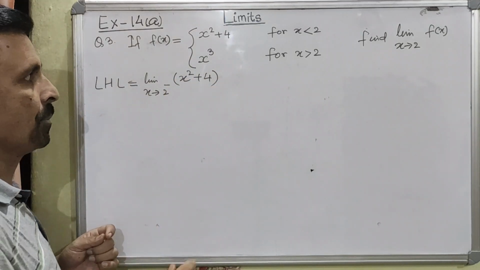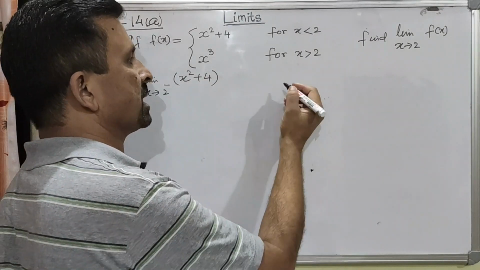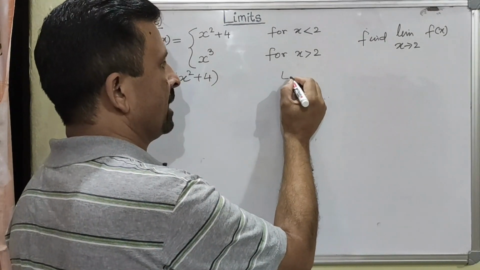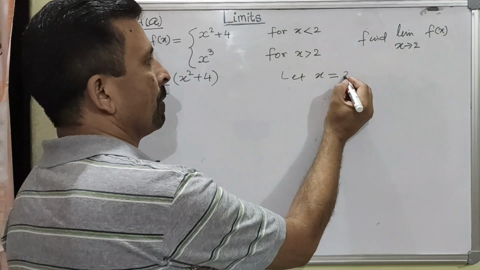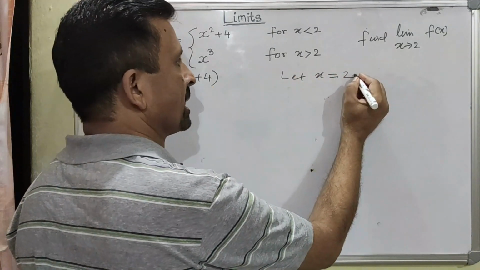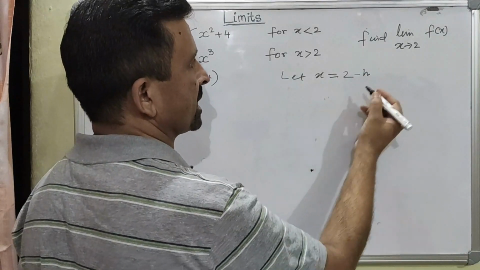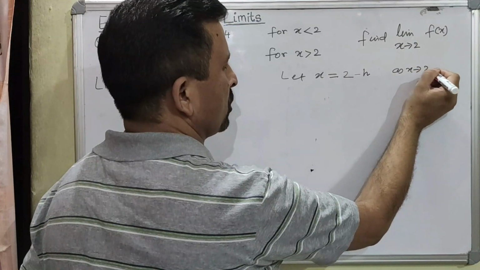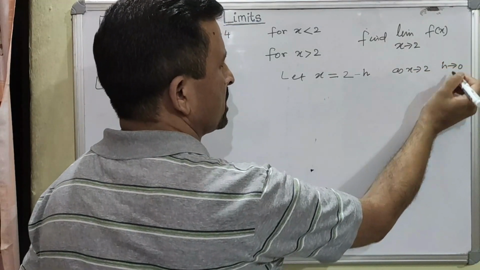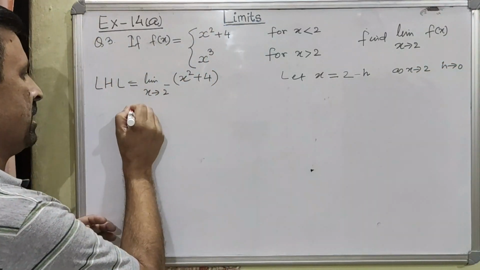Is this very clear now? After you have selected the function, you will again go for the same thing. Let x is equal to 2 minus h. From here we know as x approaches 2, h will be approaching 0, and therefore the limit will change.